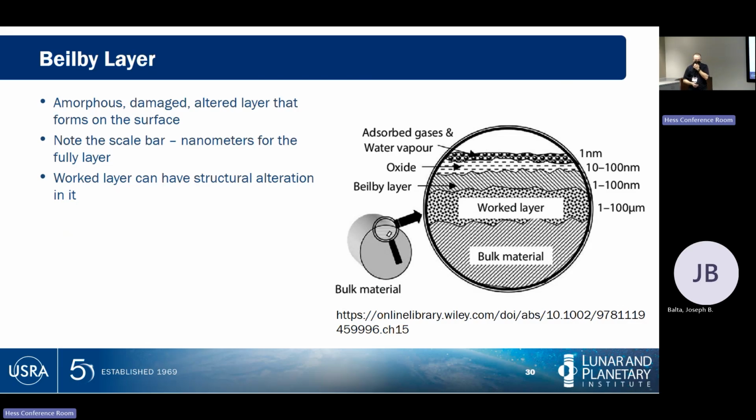That's the amount of damage that happens. It does not penetrate deeply into your material. This layer is shown as nanometers thick, whereas the analysis volume of a microprobe or SEM is micrometers thick. But it can be important because if we're trying to measure details about the structure, any damage that's been done to the structure is going to affect our analysis.